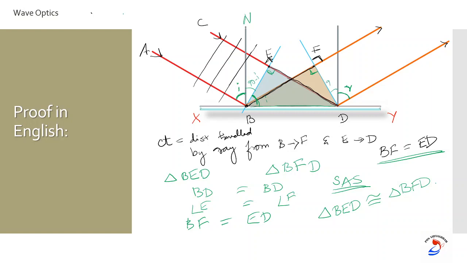This is 90 minus R. So obviously this has to be R and this has to be I. So in the triangle, we can say that angle I is equal to angle R. Hence, using Huygens principle, you can actually prove the law of reflection, that the angle of incidence is equal to the angle of reflection.